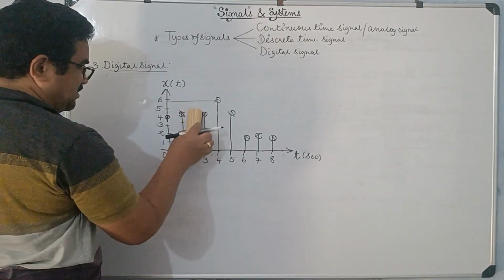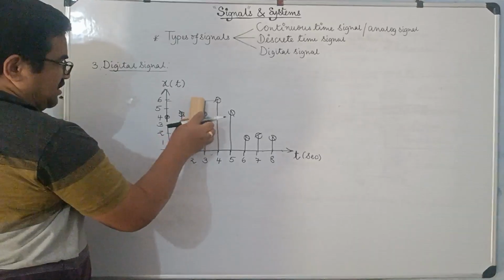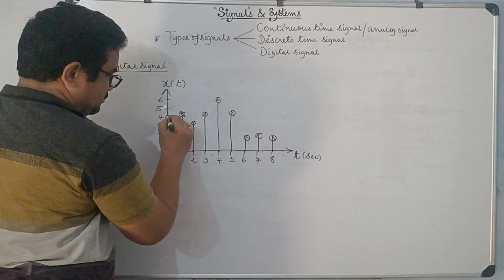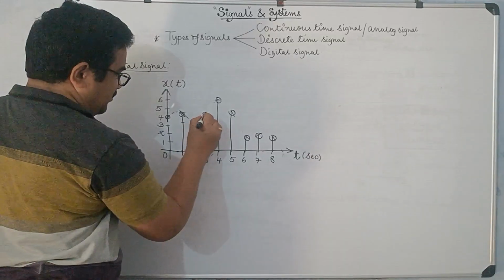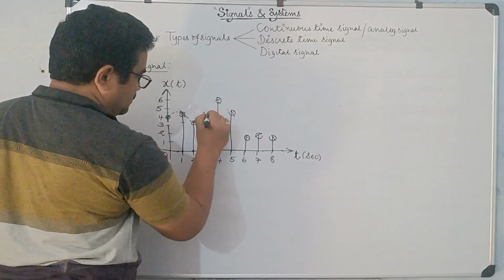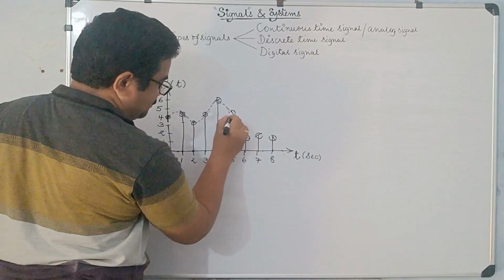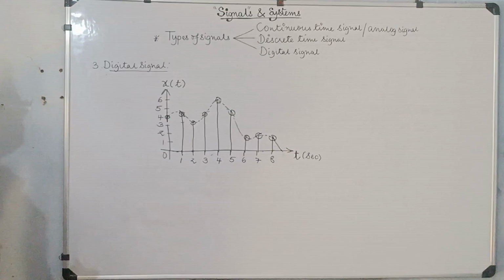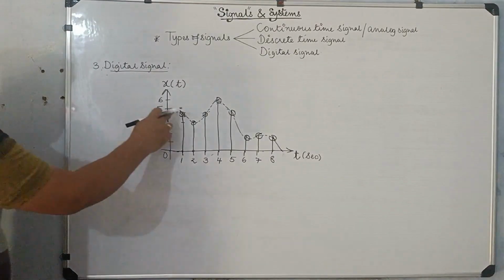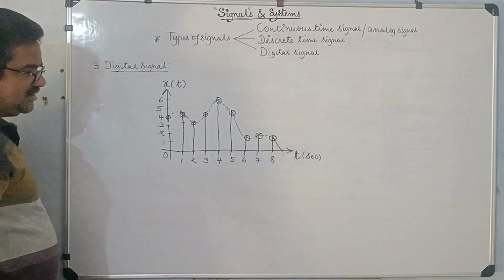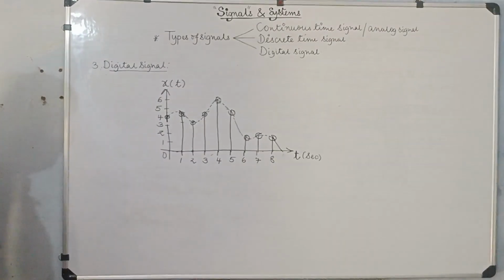So these are my signal. This is my discrete time signal. I will draw an outline connecting all these points just to show you what the original signal was. The dashed one is my original signal. This is the discrete time signal which I obtained after sampling.